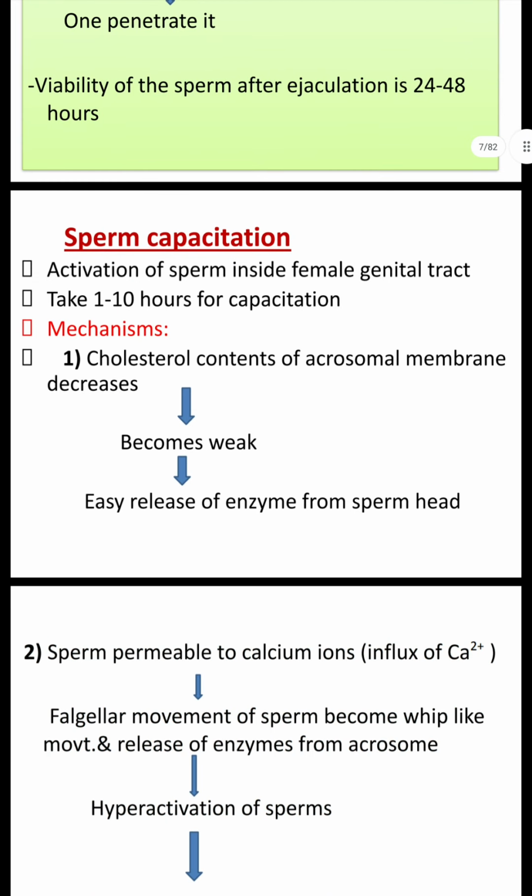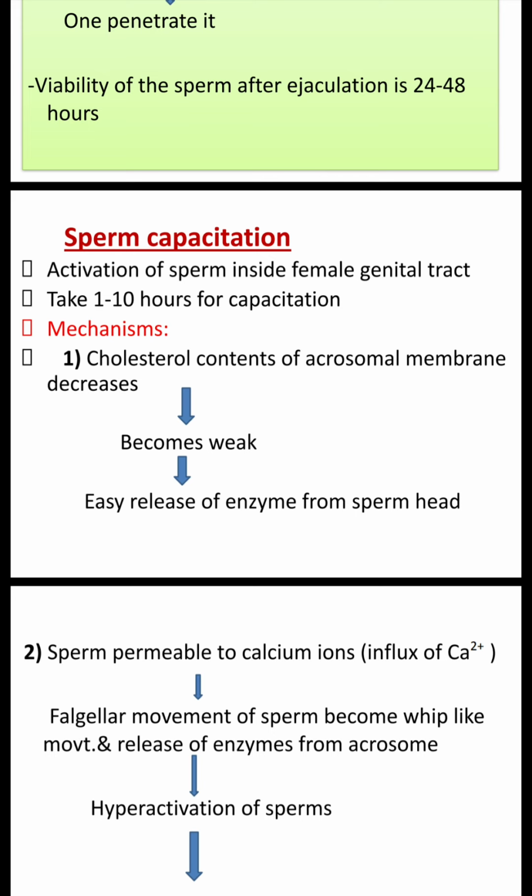So what is sperm capacitation? The activation of the sperm inside the female genital tract is called sperm capacitation. It takes 1 to 10 hours, and the cholesterol content of the acrosomal membrane decreases and it becomes weak.